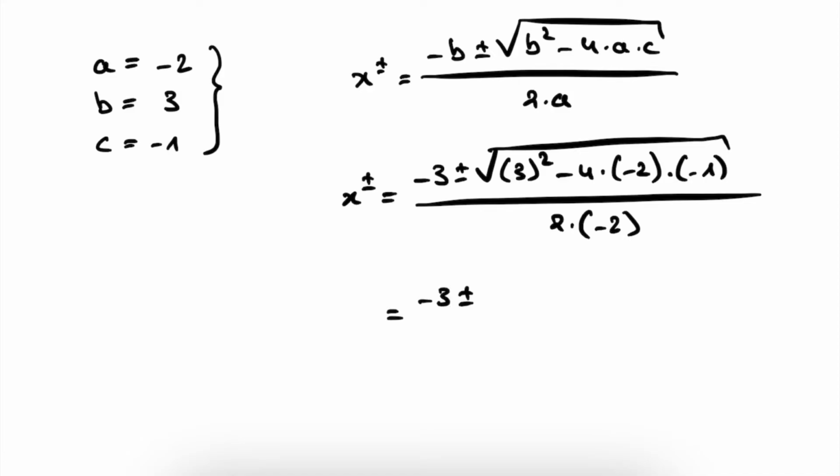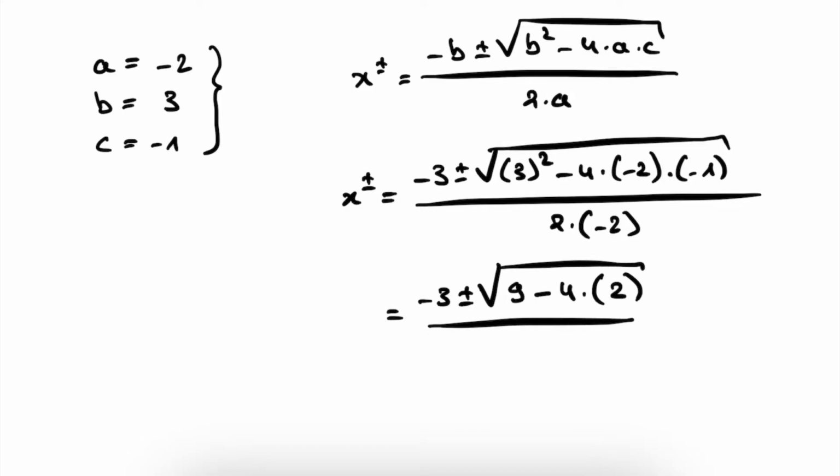Minus 3 plus minus the square root of 9, because 3 squared is 9, minus 4 times, and I will multiply this minus 2 times minus 1 first, which will be 2, because minus 2 times minus 1 is just 2, divided by 2 times minus 2, which is minus 4.